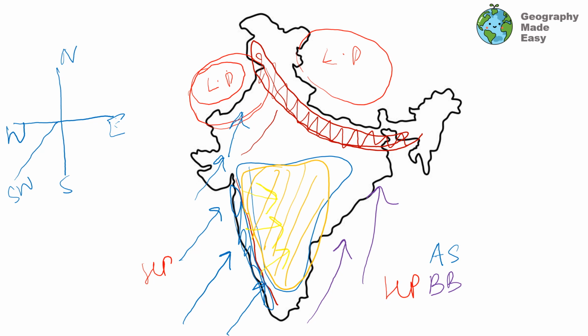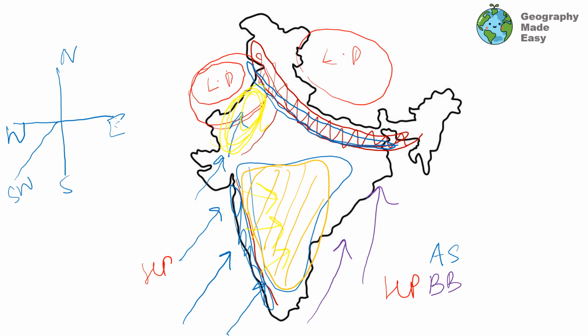The rainfall is scanty, and hence the Thar desert receives scanty rainfall. Finally, we see some amount of rainfall in the Shivalik ranges where the Arabian Sea branch is encountering the Himalayas. So the southern slopes of the Himalayas receive high rainfall.